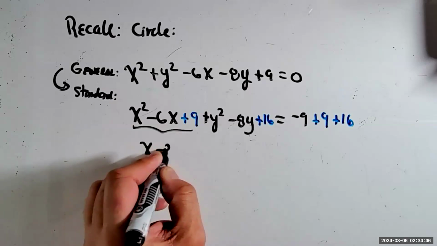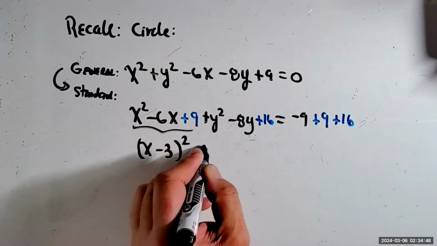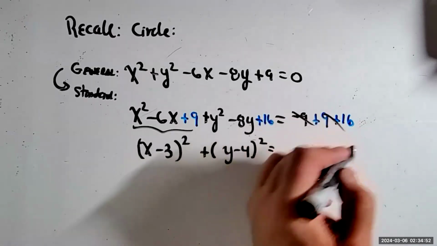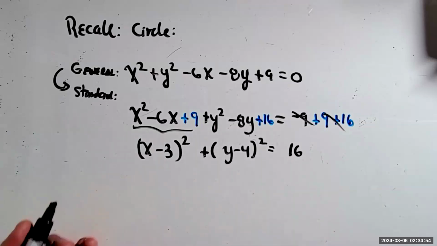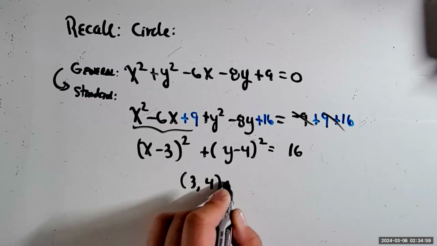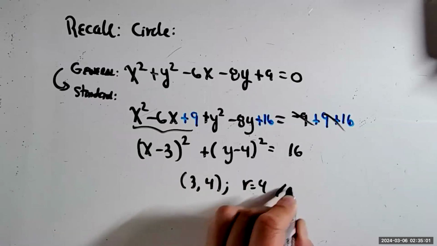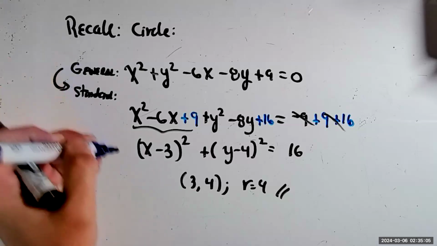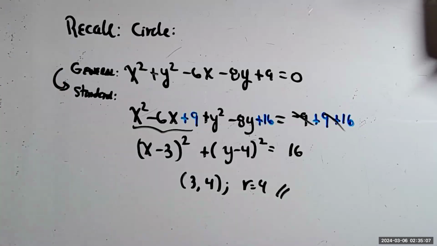So these factor as (x minus 3) squared plus (y minus 4) squared equals minus 9 plus 9, which is 0, plus 16. So we know, of course, that my center here is (3, 4), radius 4.